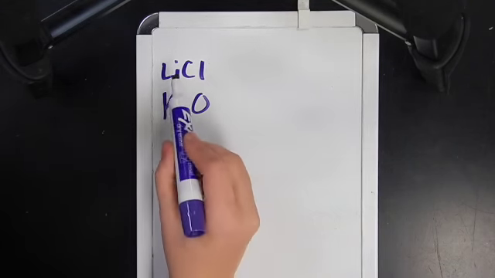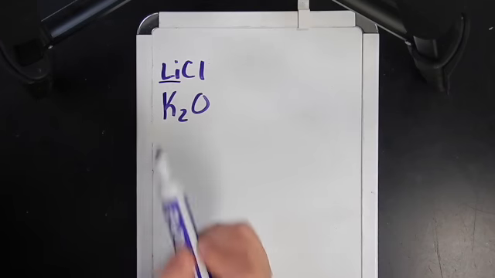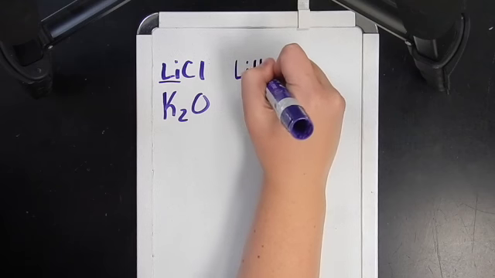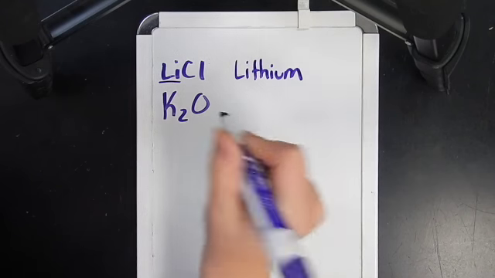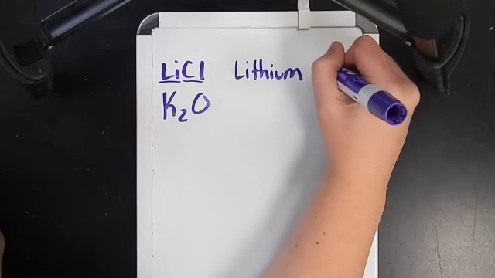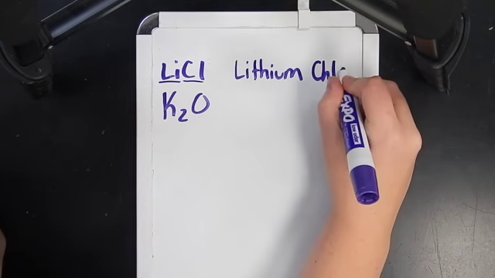For this, you just figure out what element the first one is. In this case, Li is lithium, and you write that down. Then you figure out what the second element is, which in this case is chlorine, and that second element just needs to end in IDE. So that would be lithium chloride.